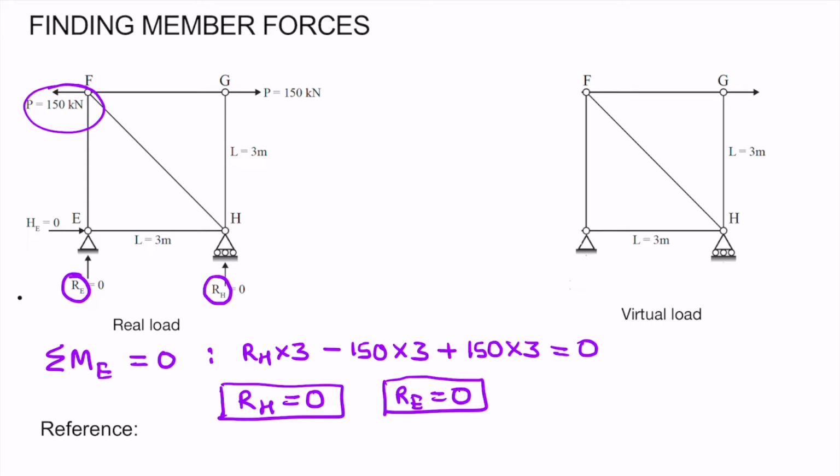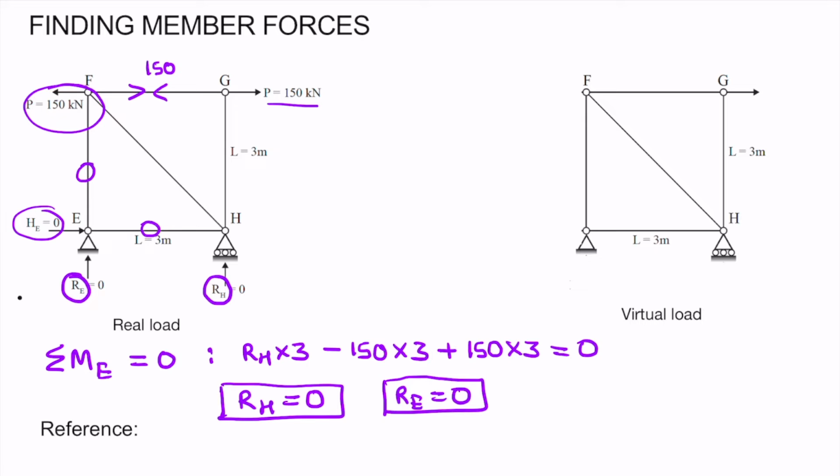So now we know RE and RH. So RH is 0, hence this will be 0. No force in this member. HE is 0, so this force will also be 0. You can find out HE also similarly. Now this is 150 kilonewton, so this member will directly take 150 kilonewton as there is no inclined member here, right?